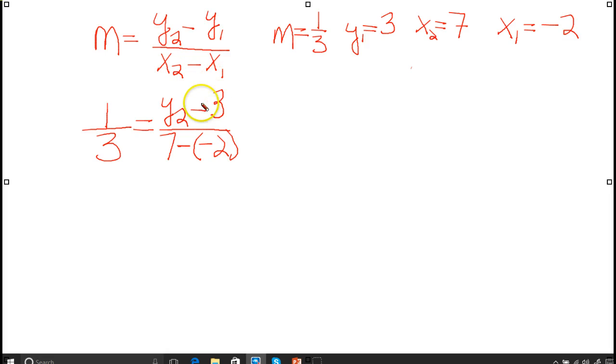So you should have something like this, where m is 1/3. We don't know what y sub 2 is. That's what we want to find. We have y sub 1 is a 3. Now keep in mind there's a negative in the formula. And then x sub 2 is 7. A negative is in the formula. And x sub 1 itself is a -2.